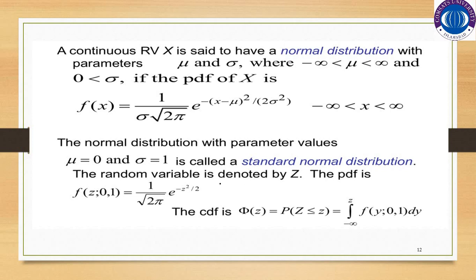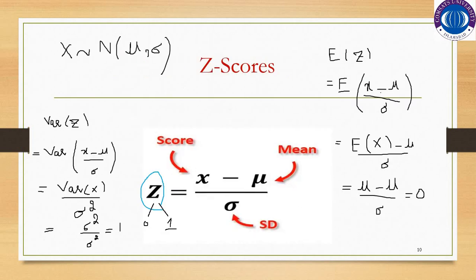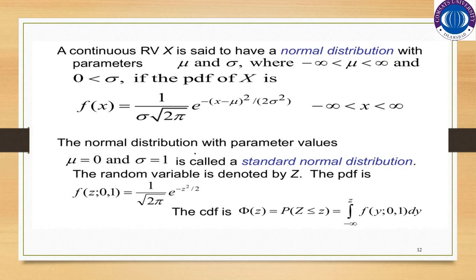The random variable is denoted by z, with mean 0 and variance 1. What will be its PDF?